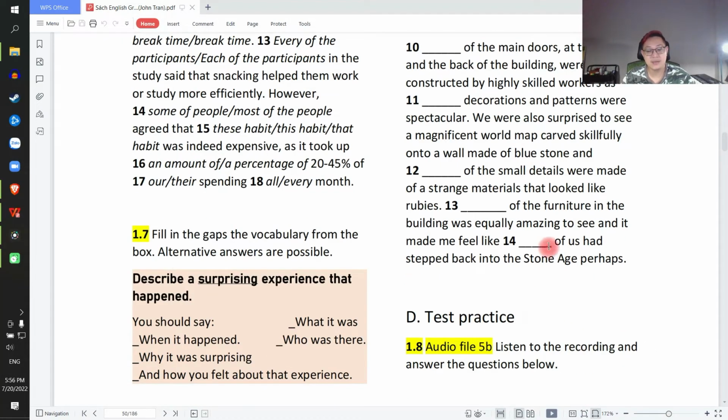Now please repeat after me for pronunciation. Bây giờ luyện phát âm, các bạn đọc lại nè. Describe a surprising, không phải surprise, nó là surprising experience that happened.